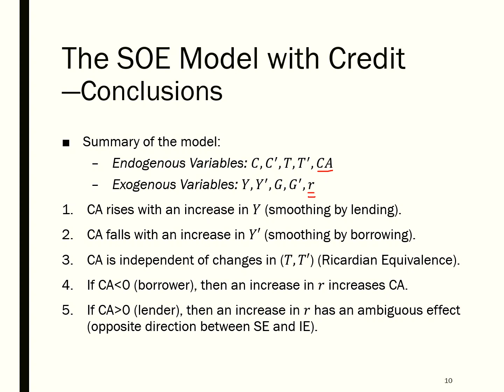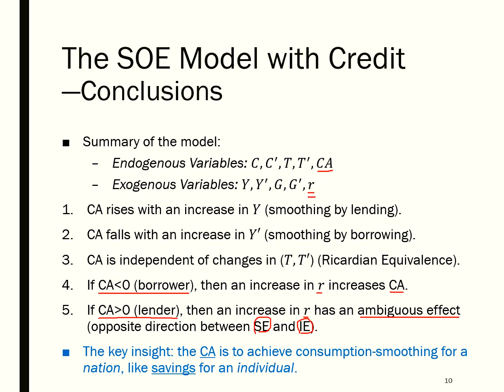The key to understanding all these conclusions is to treat a country as an individual, so the current account can be treated as national savings to smooth consumption over the periods.